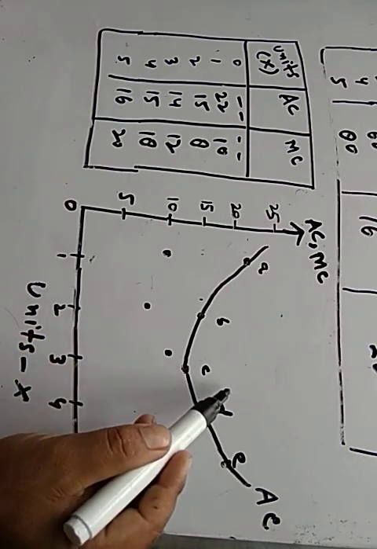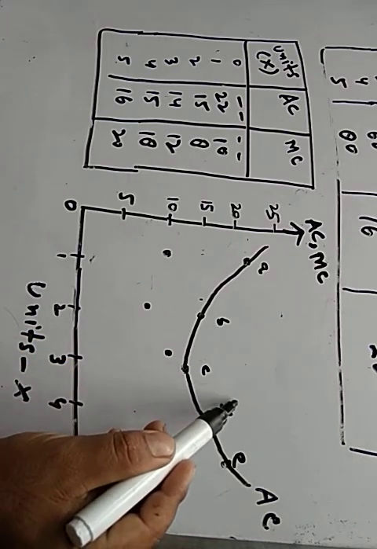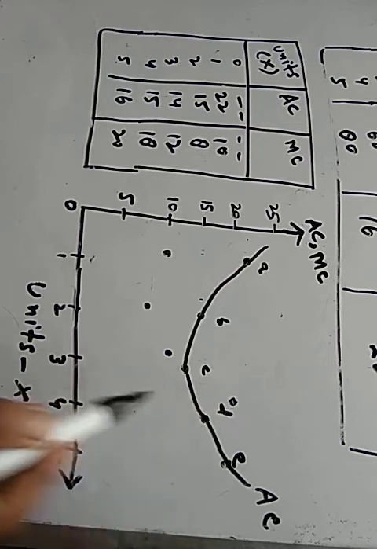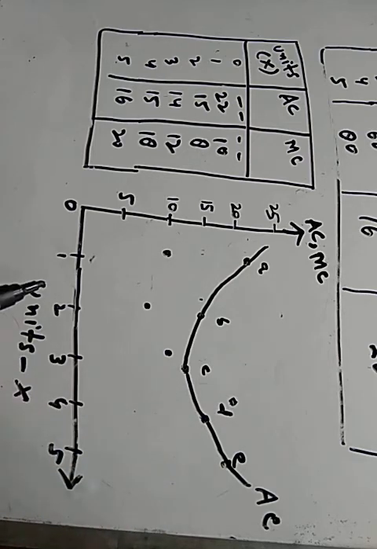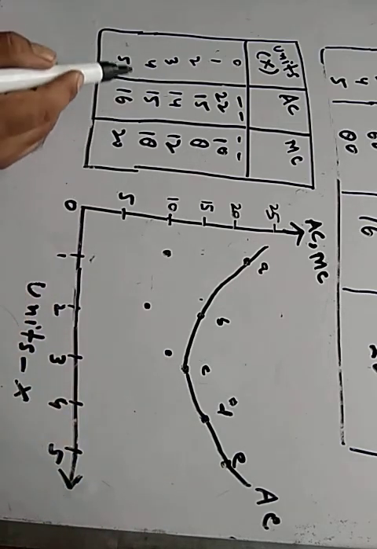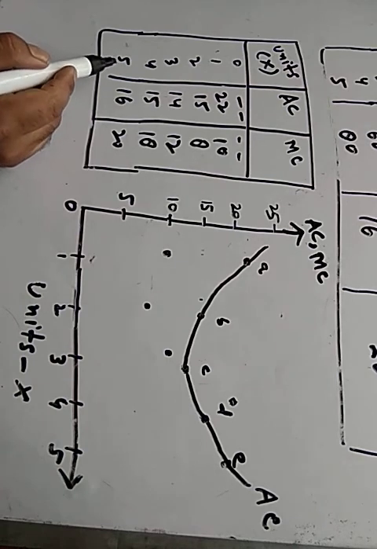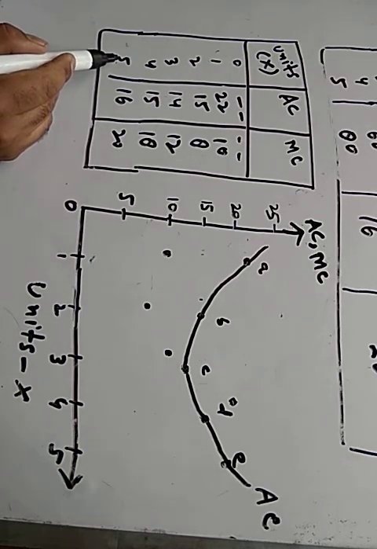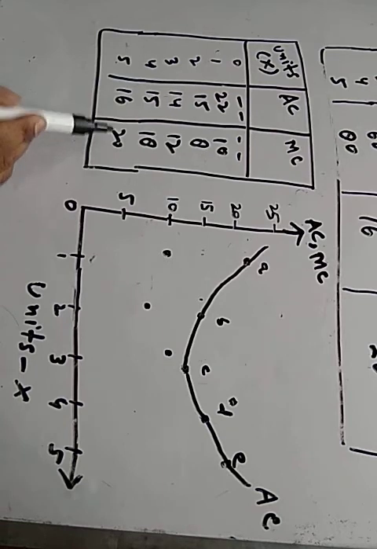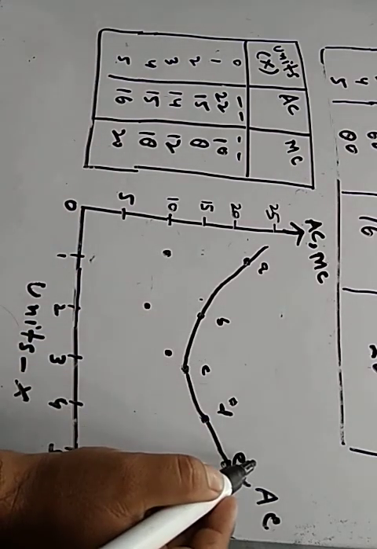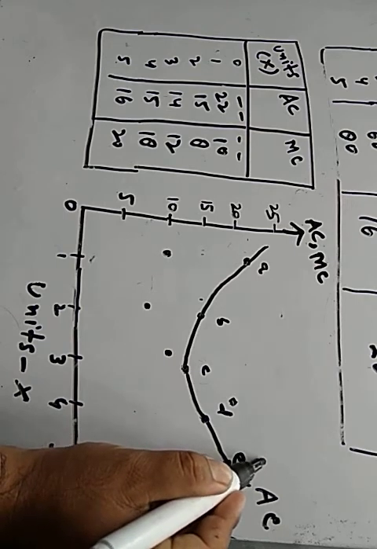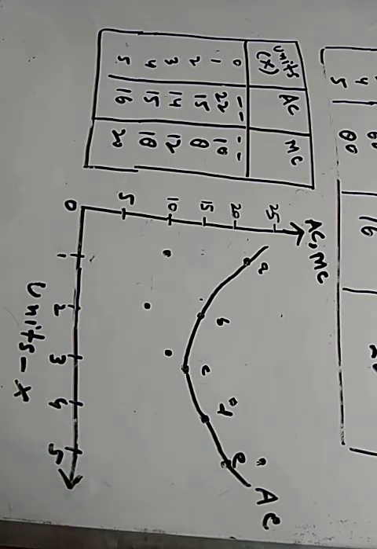It will lie here, 18, when the level of output is 4 units. Now after that, when the level of output reaches the 5th unit, the marginal cost of producing this 5th unit is equal to 20 rupees. 20 will be here at this point, and the level of output is 5 units.